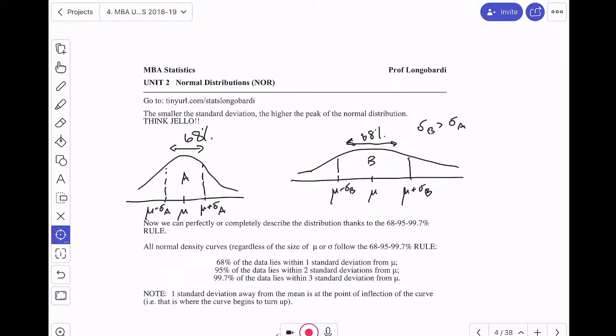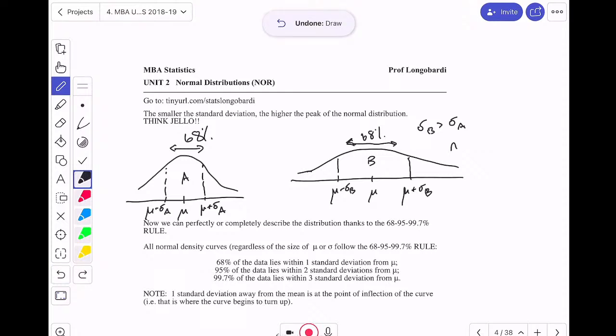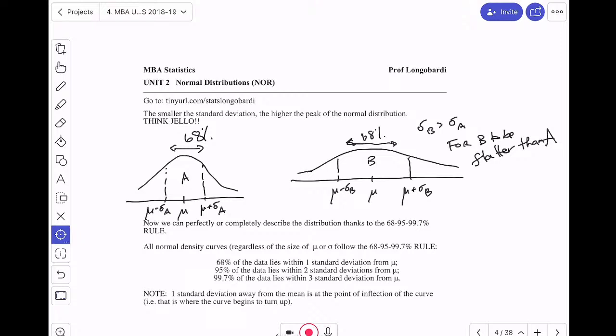And the other thing is, to get this drawing, if I didn't have the drawing, I'd have to explain to you that B is flatter than A. So it turns out that this actually has to be pushed down to spread things out.